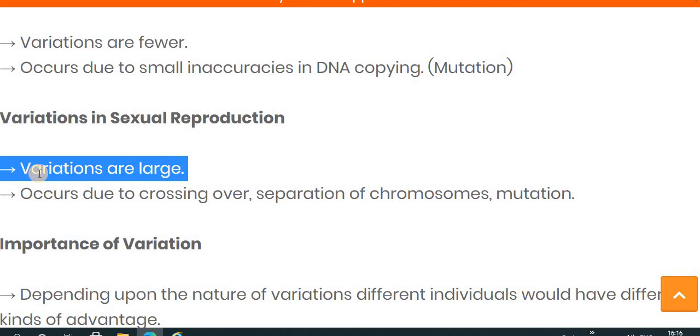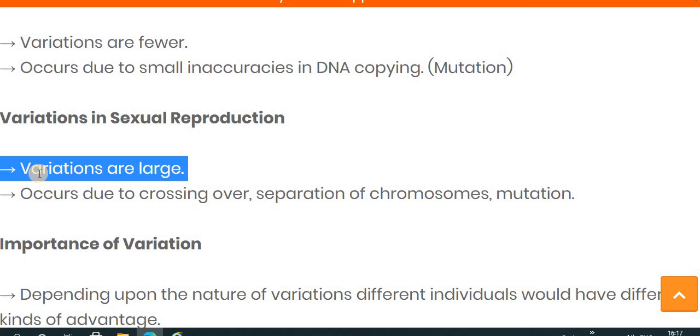But in sexual reproduction, the chance of variation is very large, because two participants take part in reproduction, male and female. Both have their own characters, and due to both characters, the new offspring is generated. So the difference between the parent and the offspring is greater.